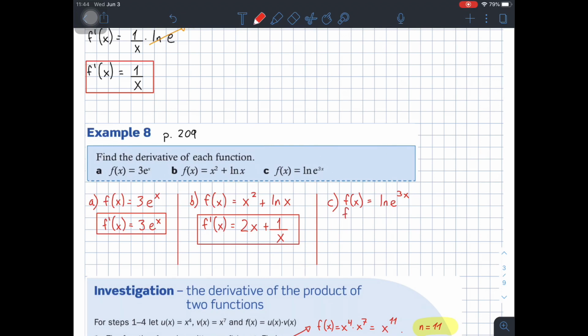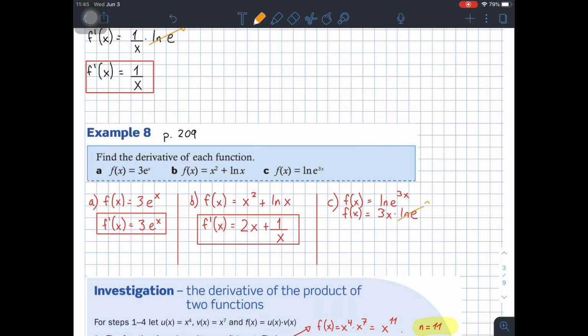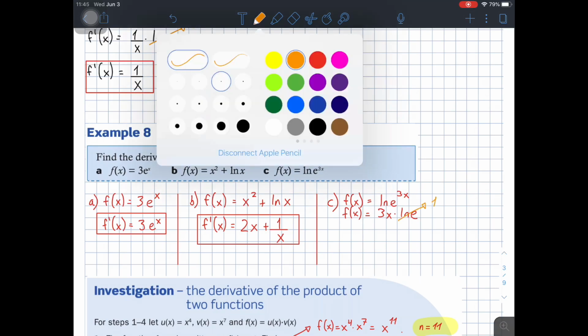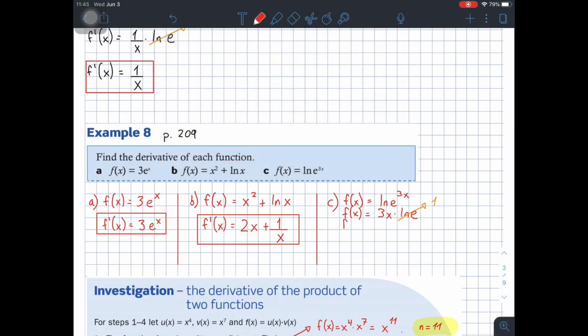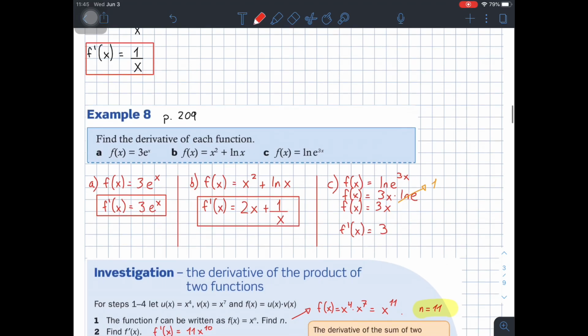So we can rewrite this as f of x equals 3x times natural logarithm of e, right? And we know that natural logarithm of e is always equal to 1. So basically, what we're finding here is the derivative of 3x, right? And the derivative of 3x, you should know already that this is equal to 3, right? And this is the result for this exercise.